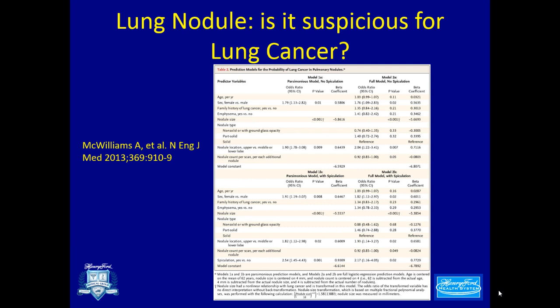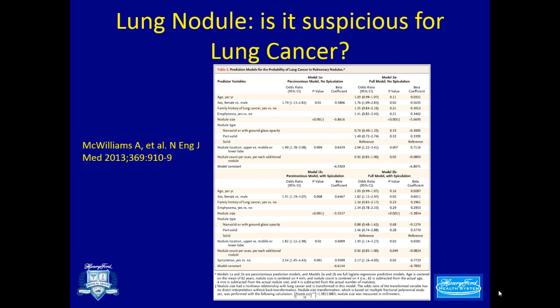There are different prediction models that have already been published, and I've seen many of you using different calculators to decide whether a nodule looks malignant or not, based on radiologic variables like spiculation, size, location, etc., and other clinical risk factors like age or family history.